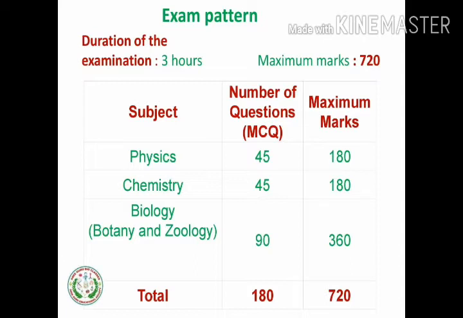Now coming to the biology section, this section has 90 multiple choice questions and each question carries 4 marks and the total marks given to this section is 360.